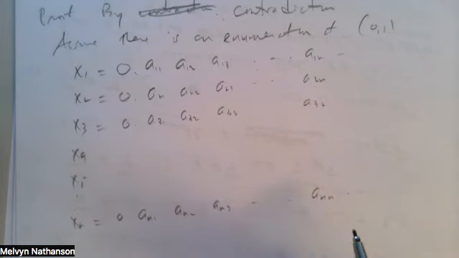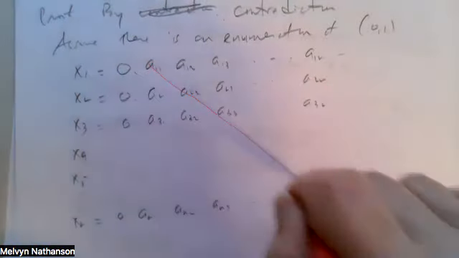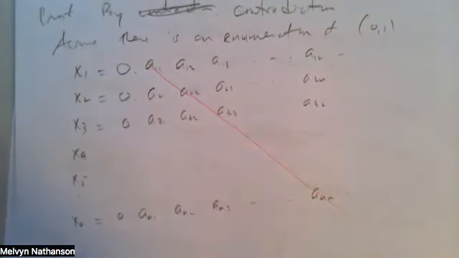So it's a proof by contradiction. Assume you can enumerate the real numbers between 0 and 1. Here's some enumeration, and each of these has a decimal representation. And now you do a diagonal argument. Go down the diagonal in this array of numbers.